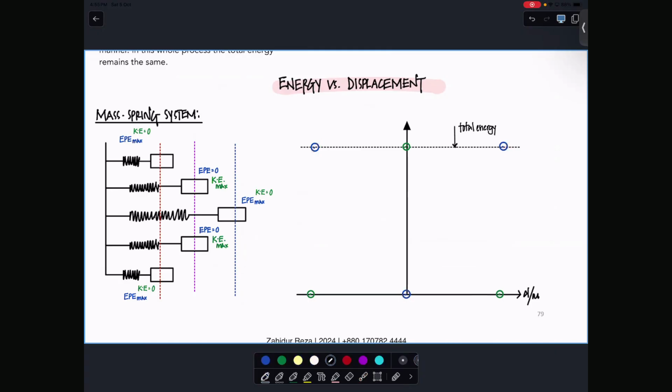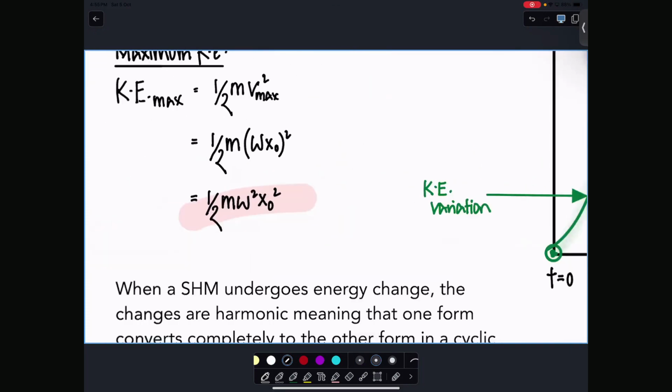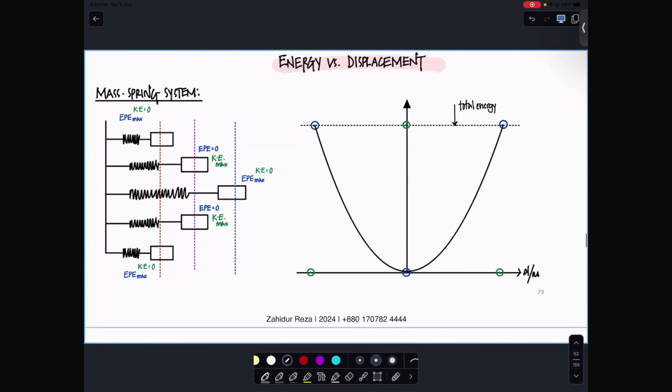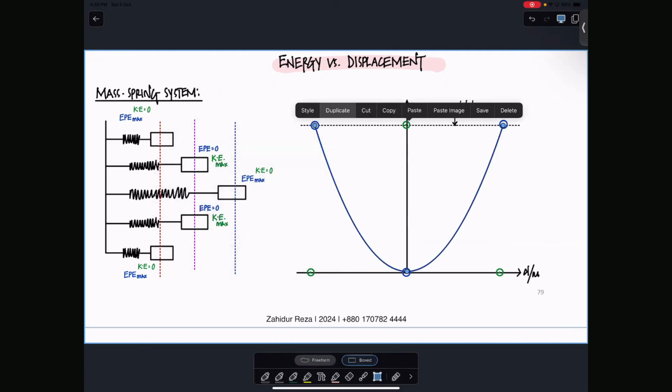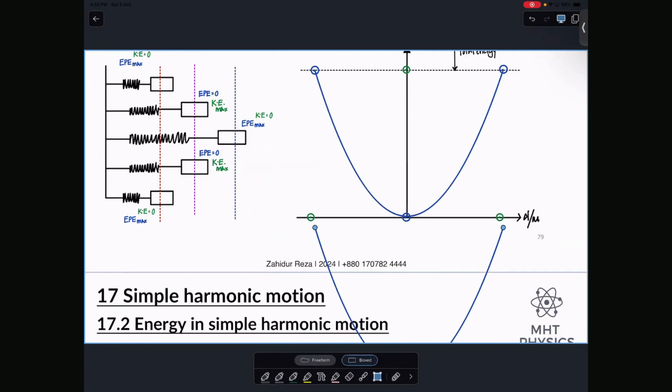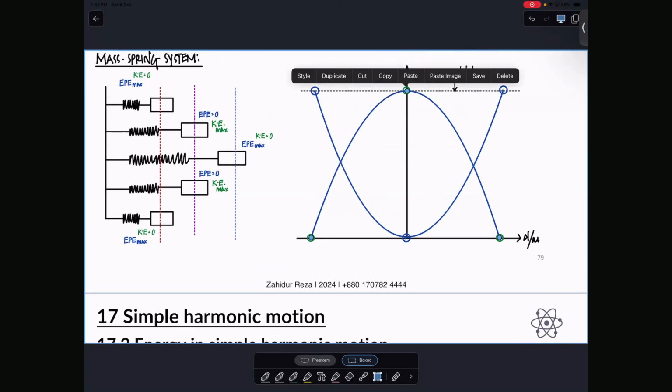It's a quadratic graph. It's exactly y proportional to x squared, because I'll tell you why. It's half kx squared, so the x squared becomes like that. So yeah, that's the graph for my GP, or in this particular case EP variation. And the graph for my K variation would be just the mirror of that. There you go. These are the two graphs.